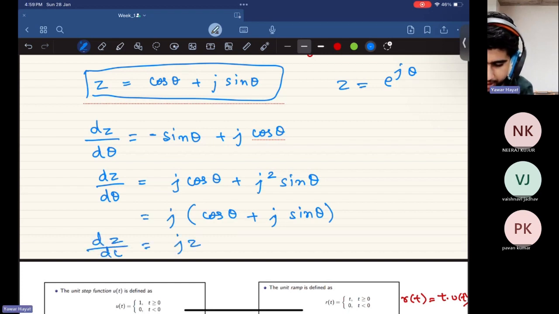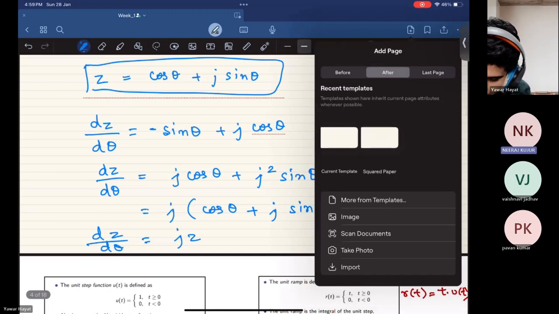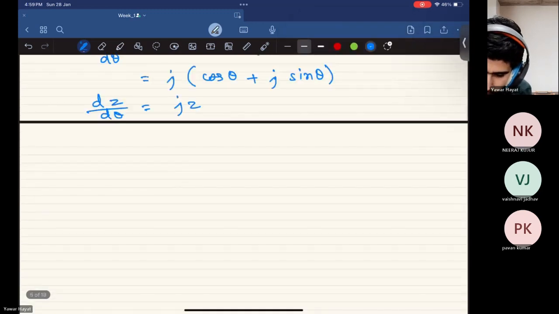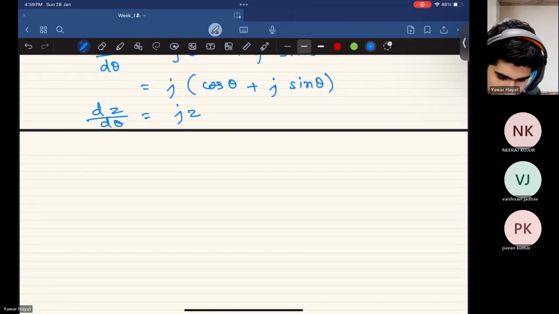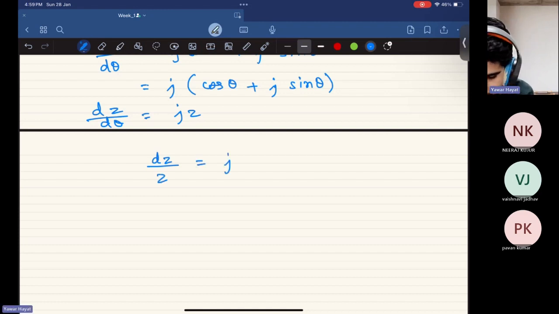So dz by d theta is j times z. Then this gives me dz by z is j times d theta.